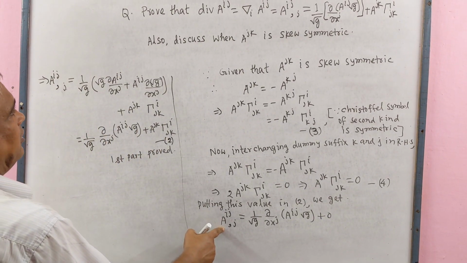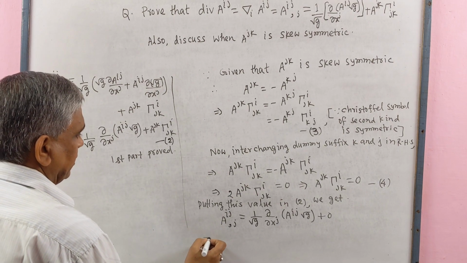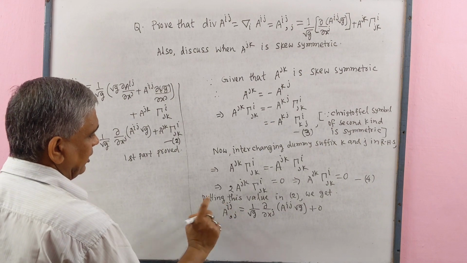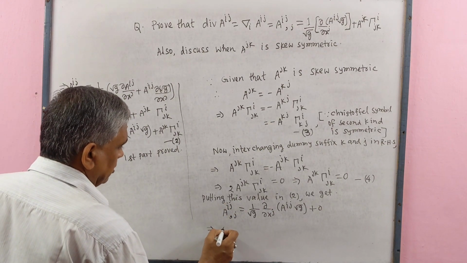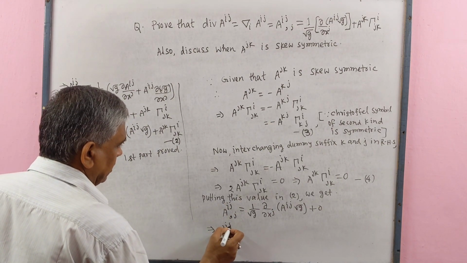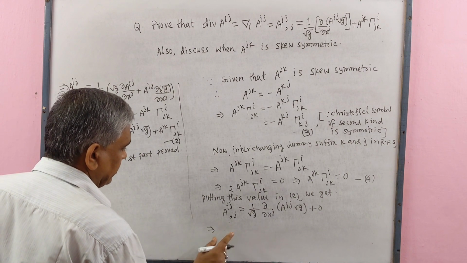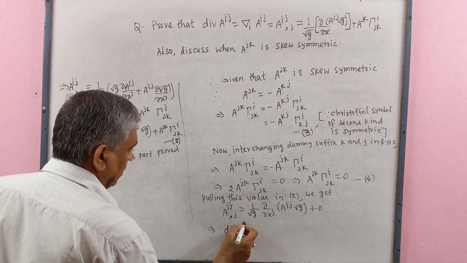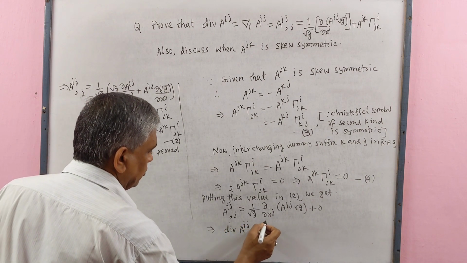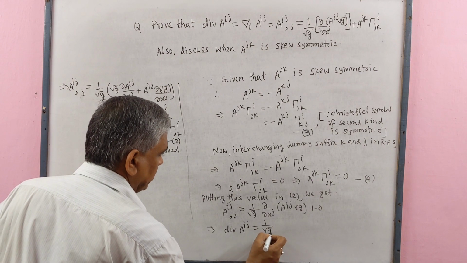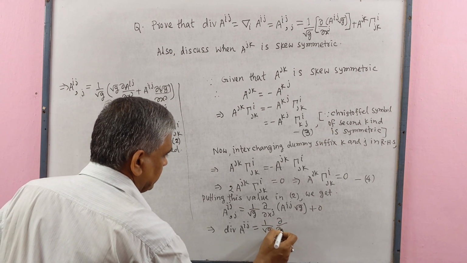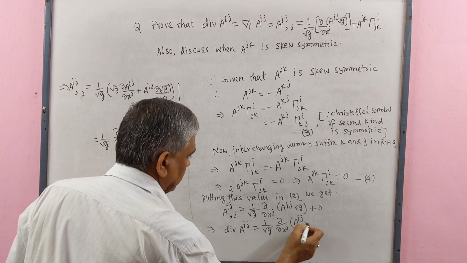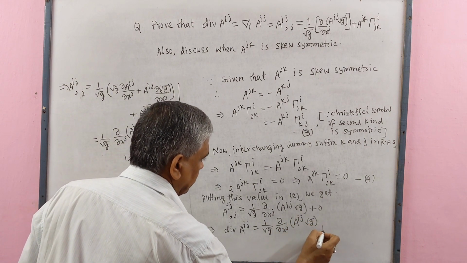This is called divergence of A^ij, since here there is contraction of the suffix j. Here A^ij is called the divergence of A^ij. This equals 1 by square root g del by del x^j of A^ij square root g. Proved.